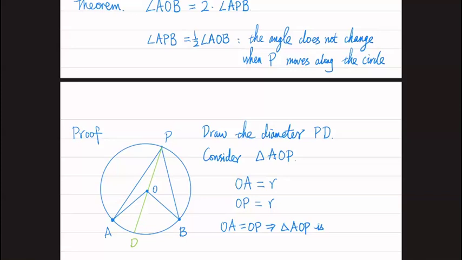A triangle with two equal sides. It's a special term. I kind of forgot what it's called. Isosceles.